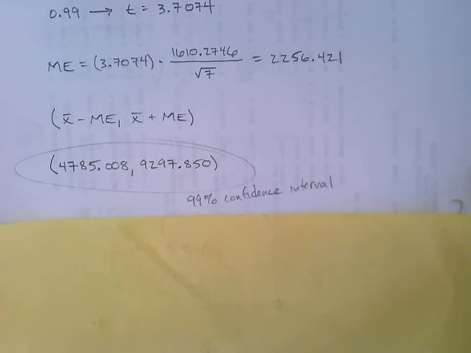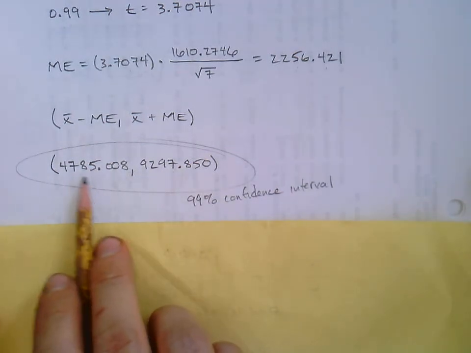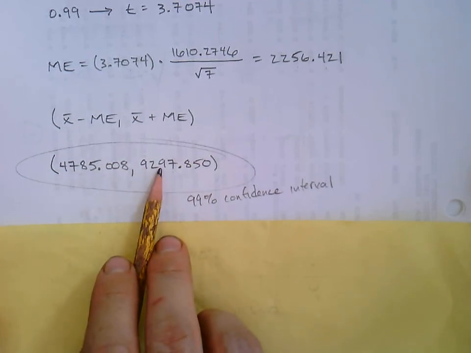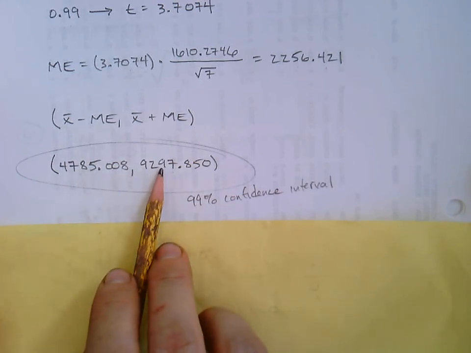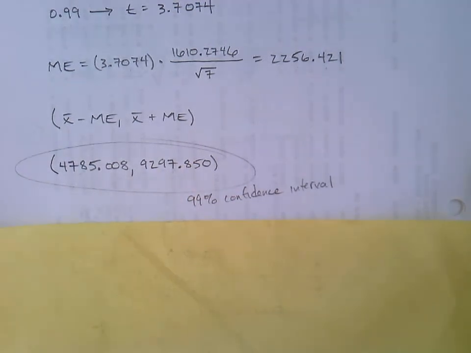And if you take a step back and think about that, wow, that's a huge spread, right? From almost 4,800 to almost 9,300. That's a big gap. Well, that's true. There's a couple of reasons for that.